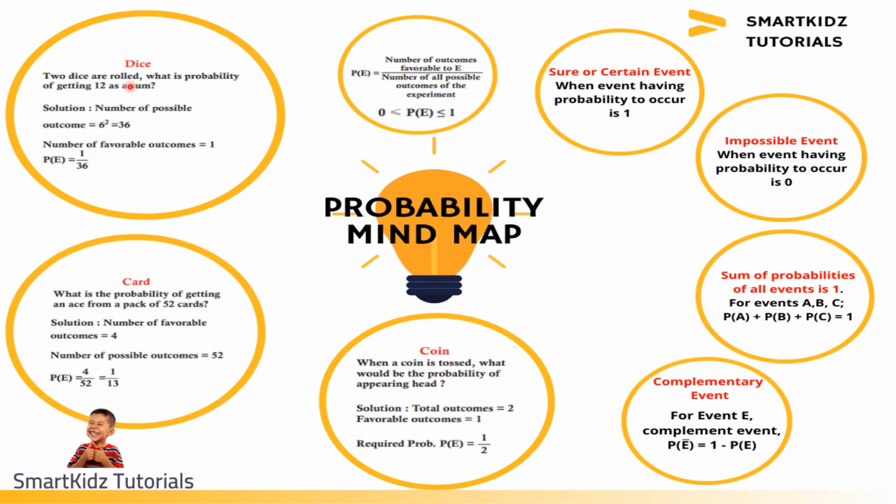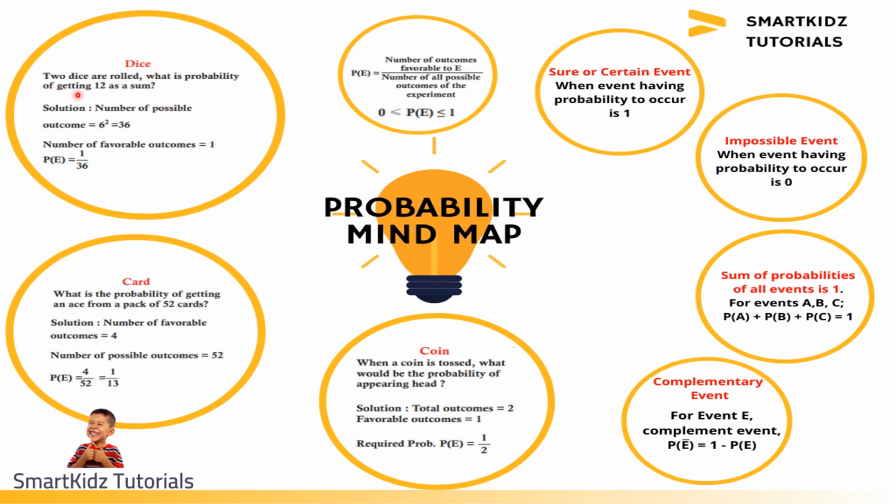So there is one dot or one dent, you can say. It refers to number 1. Then 2 dents will show you that it's 2, and so on. The maximum number of dents that are present on a face is 6. So there are 6 faces, and 6 will be the maximum number on a dice.